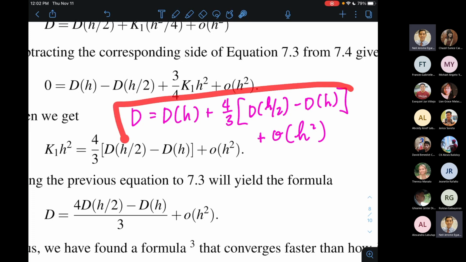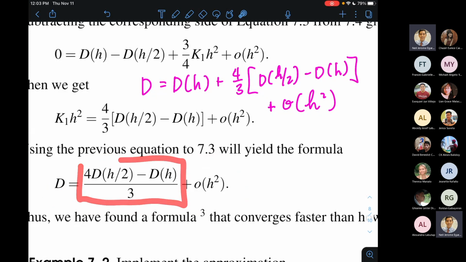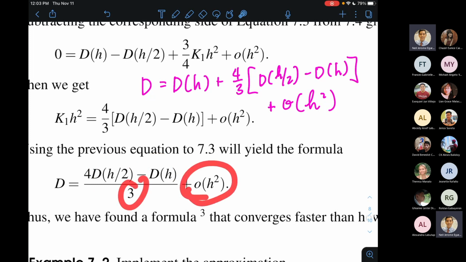And then if you are patient enough and perform the algebraic manipulations here, you will get this guy. That the actual derivative is equal to 4 times the approximate using half the step size minus the approximate using the step size h all over 3 plus little o of h squared.